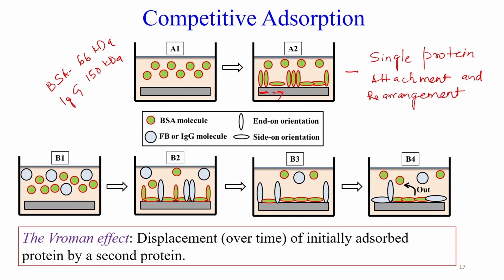So, what happens in the case of competitive adsorption? The smaller protein molecule will have the higher diffusivity. In the first step, the smaller molecule reaches the surface, and it will have both end-on and side-on orientations.